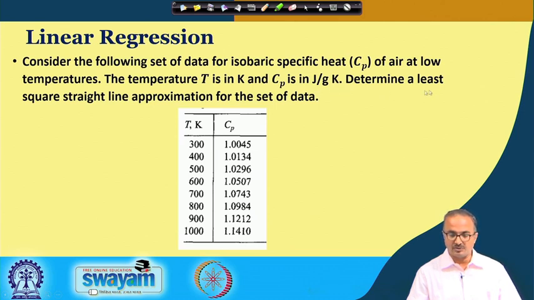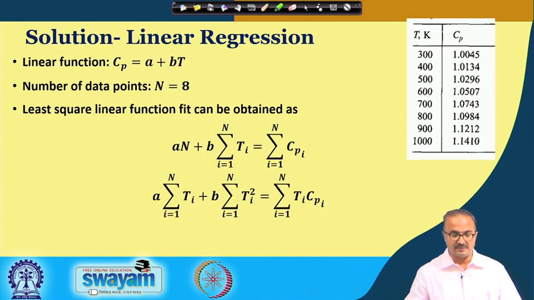We have been asked to determine a least square straight line approximation for the data set, so we have to find a linear fit. We put the specific heat linearly in terms of temperature: Cp equal to A plus Bt, and the number of data points is 8.